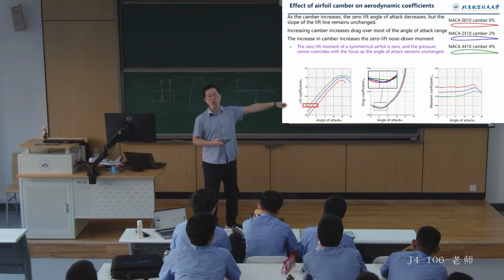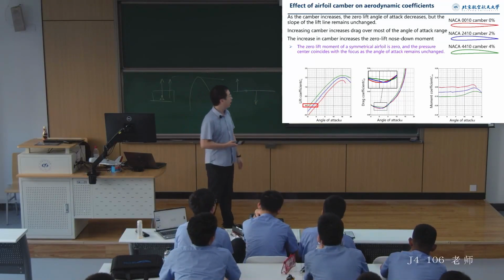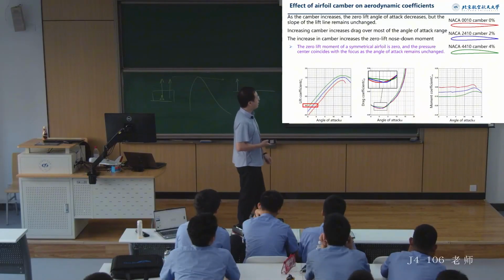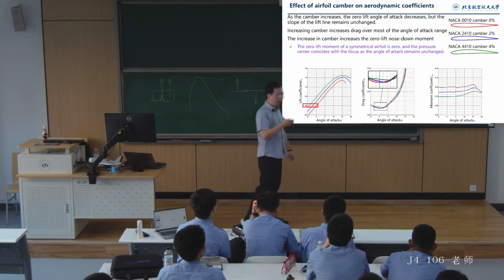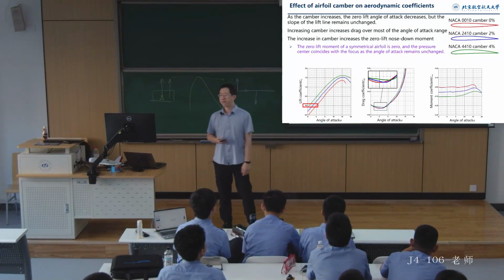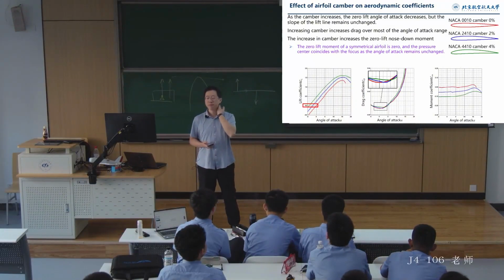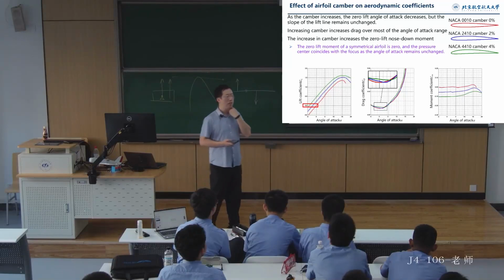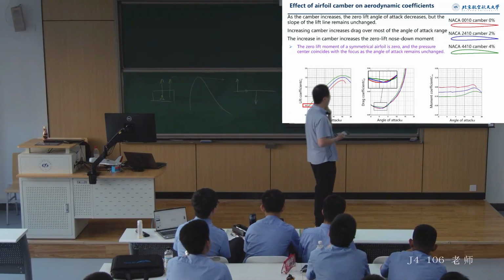We already know that the moment about the aerodynamic center remains unchanged, right? It doesn't change as the angle of attack increases. So we want to ask everyone, first of all, for a symmetric type: as the angle of attack increases, how will the center of pressure change? Does it change? Well, we say that the center of pressure corresponds to the point where the moment is 0, whether that point changes or remains constant.